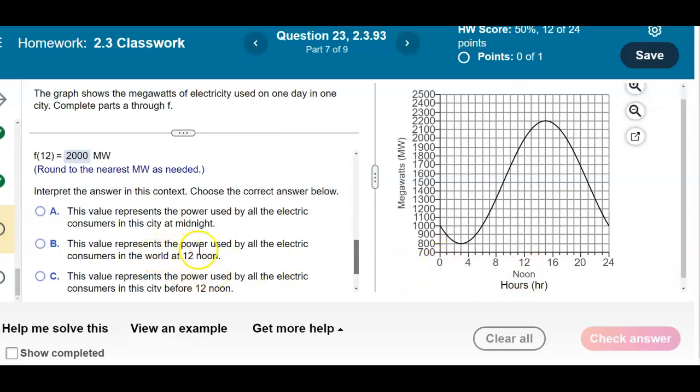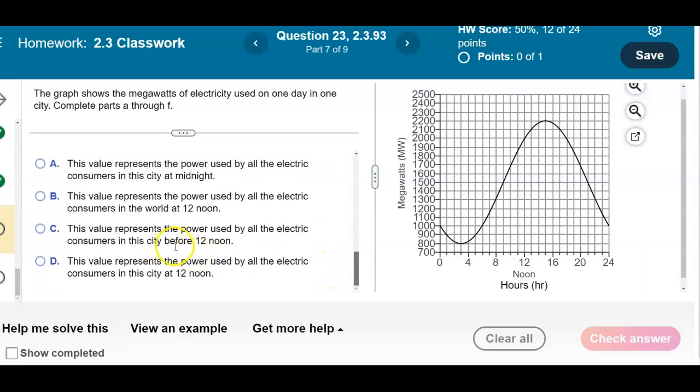This value represents the power used by all the electric consumers in the world at 12 noon. This value represents the power used by all electric consumers in this city before noon. And this value represents the power used by all the electric consumers in this city at 12 noon.